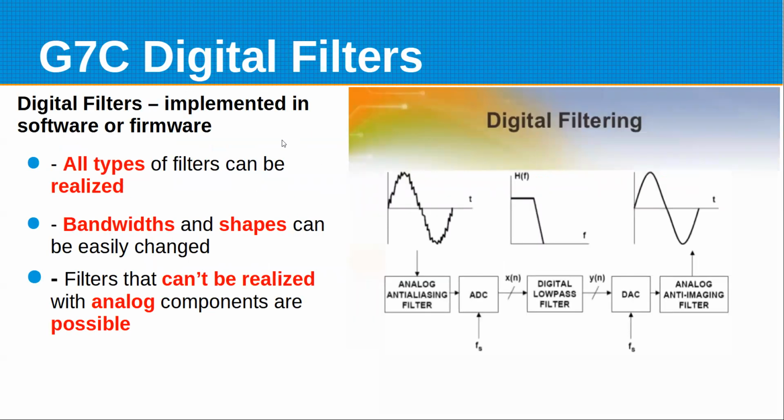Digital filters. There will be a lot of those inside the SDR radio. All your bandpass filters, normally you'll have a selection of 3 or more different bandwidths, and in some cases those are adjustable.